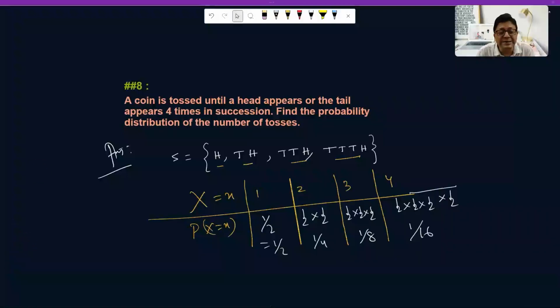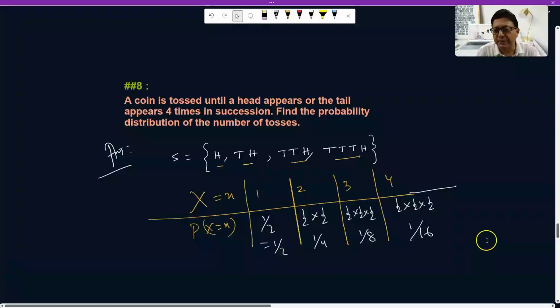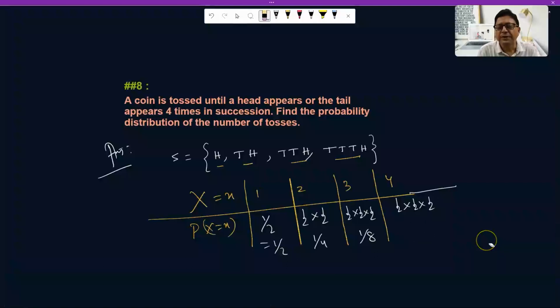And then 1 by... Now I made a mistake there, because when this case arises, the 4th time, if you are getting head, then you are confirmed that you are getting a head. No need to toss the coin again. If you get tail, then also it is over. So probability of these 3 cases only will be there. Got the point? When you get 3 tails and the 4th one head, the game is automatically over. 4th one tail, the game is also over.